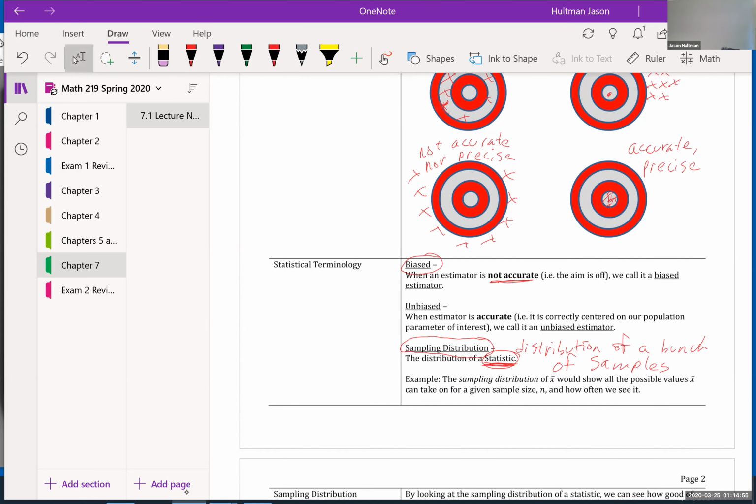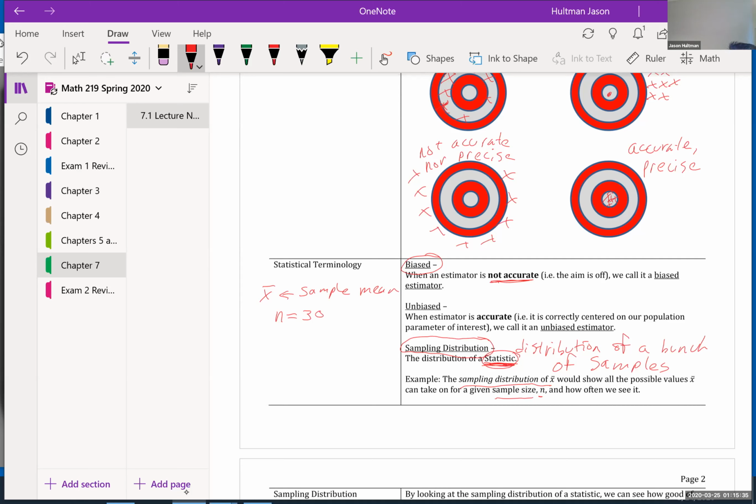Example: the sampling distribution of X bar would show all the possible values X bar can take for a given sample size N, and how often we see each. Say we were looking for the distribution of X bar, the sample mean, with sample size N equal to 30.